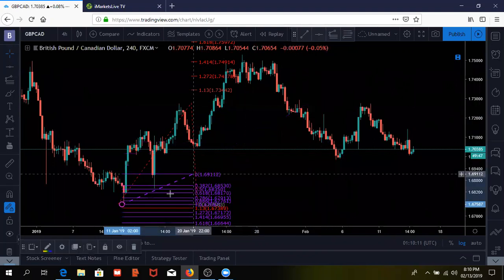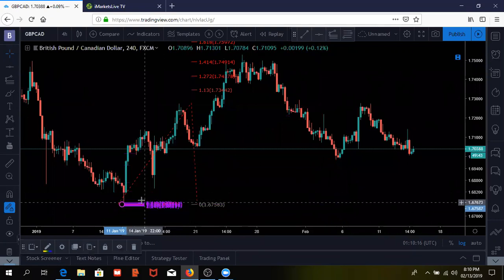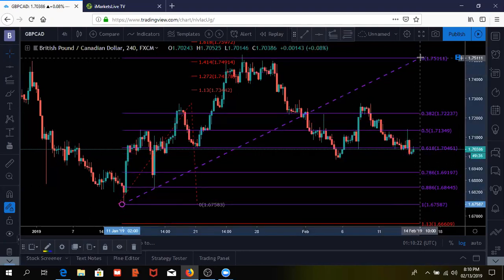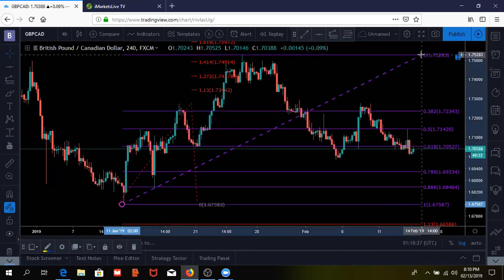So now what I want to do is take my Fibonacci tool from the entire move. So from my X leg, which is our anchor leg, all the way up to the completion of our C leg. Okay.